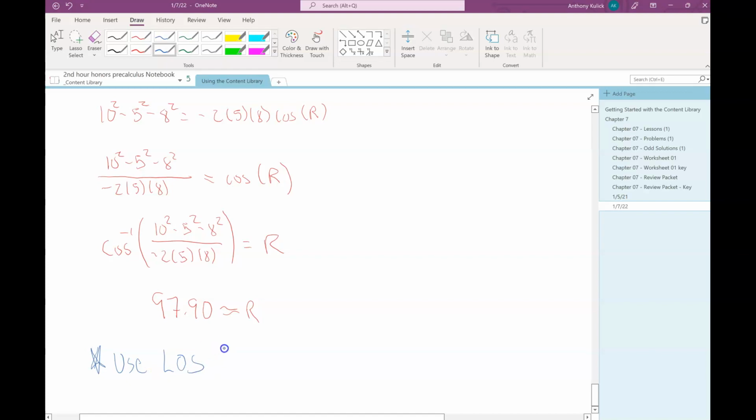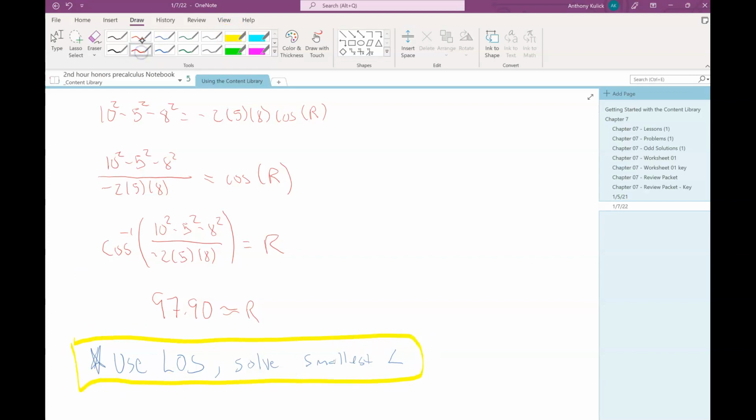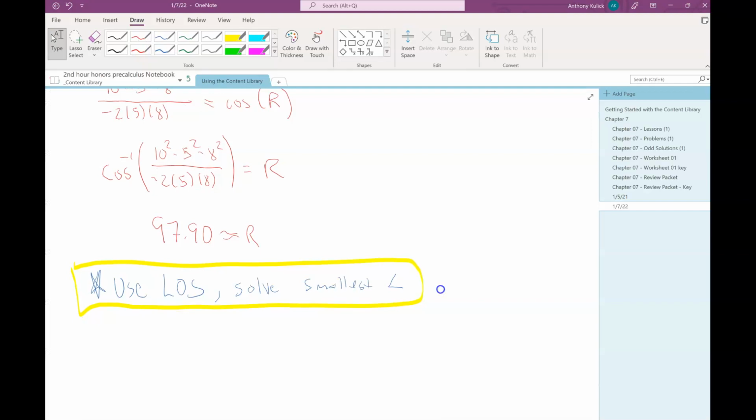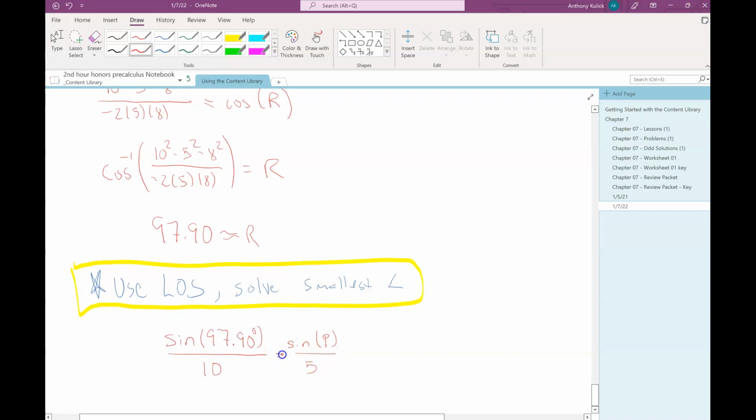Now we're basically back in what we had before. So we're going to use the law of sines again to solve now the smallest angle. Just like we did on the previous problem, whenever we go to the law of sines, let's find the smallest angle first. So we're going to do sine R over r equals sine P over p.